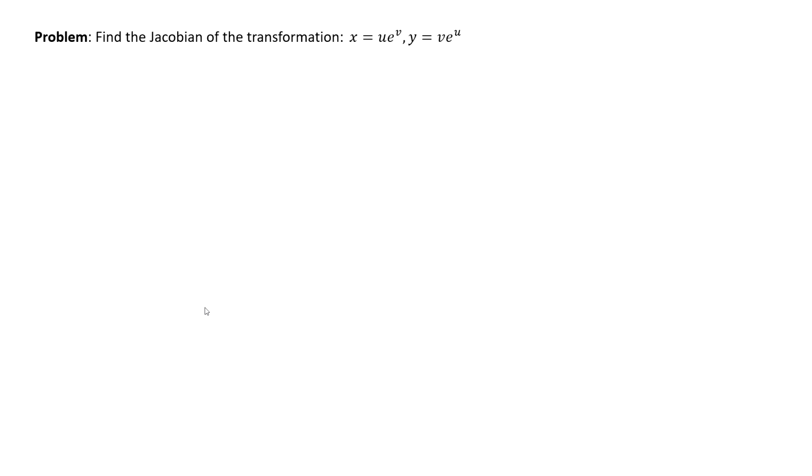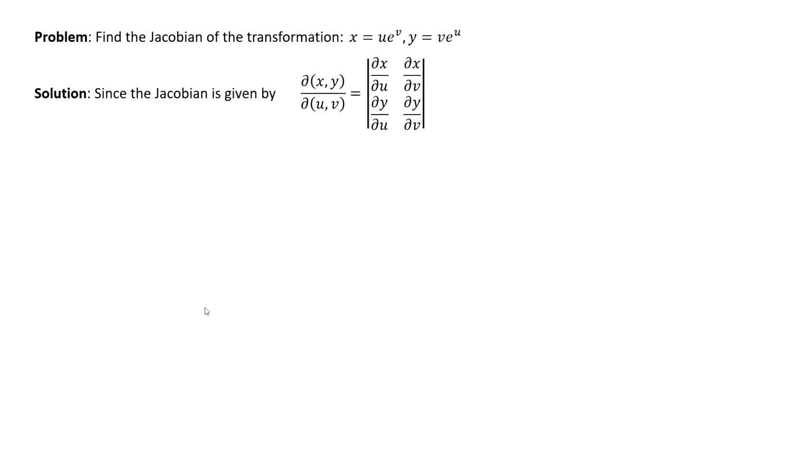So all we need to do is find the Jacobian. Since the Jacobian is given by this particular determinant, it's fairly straightforward, a matter of plug and chug. That's what I wanted to show you. If x is equal to u e to the v, can you figure out partial x with respect to u? Well, treat v as a constant. So e to the v times the derivative of u, which is just 1.